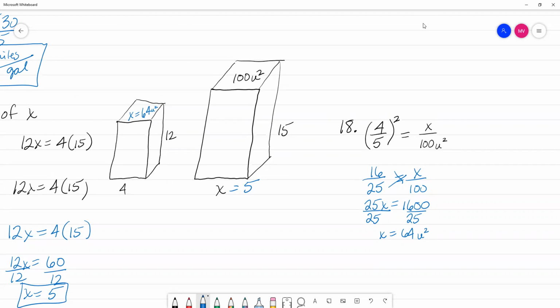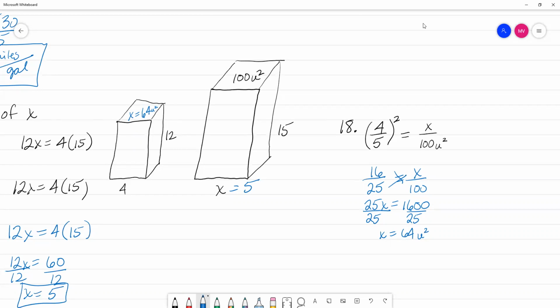Now, these two, there's only a difference of 3 times between 4 and 12 and 5 and 15. So if you have a super, super small area, like 20 to 100, that's a much bigger proportion.